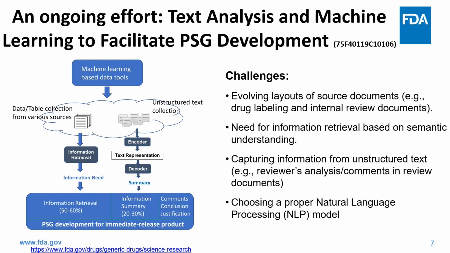Meanwhile, the project team was and is facing a few challenges, including, first, evolving layouts of source documents, for example, drug labeling and the internal review documents. Second, the need for information retrieval based on semantic understanding. Third, capturing information from unstructured data, for example, reviews, analysis, and comments in review documents. And the last one, choosing a proper NLP model.